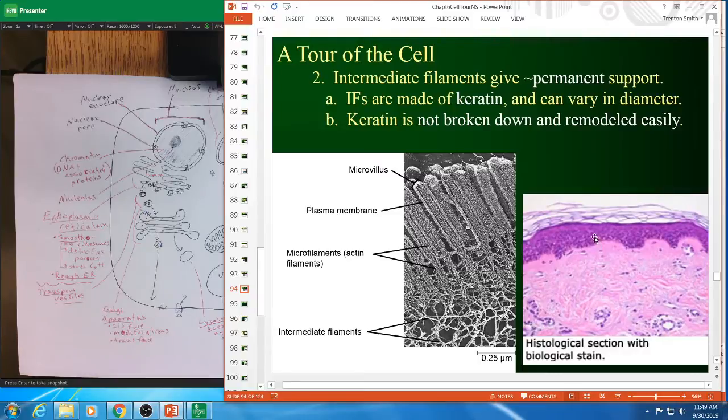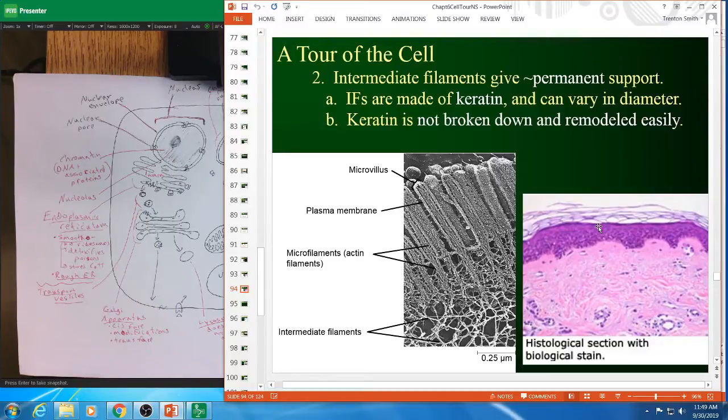But as they divide, those cells are shoved outward, and as they move outward, the cells die. And out here, they're dead. All that's left of them is the keratin, because it's so tough and doesn't degrade or remodel. They're called keratinized cells because they're dead, and pretty much most of what's left is the keratin.